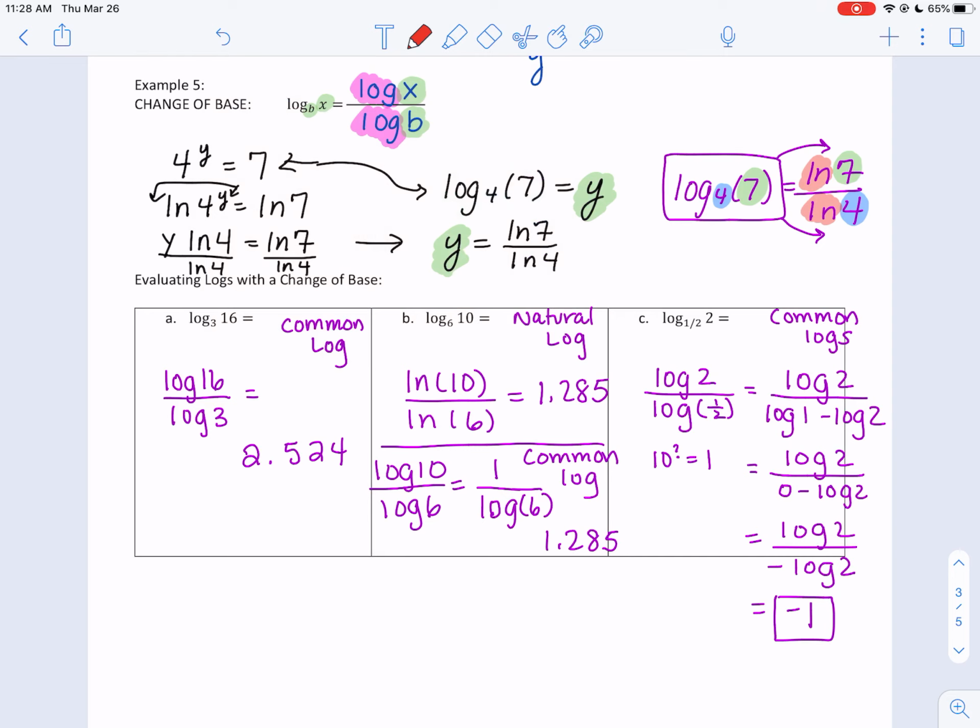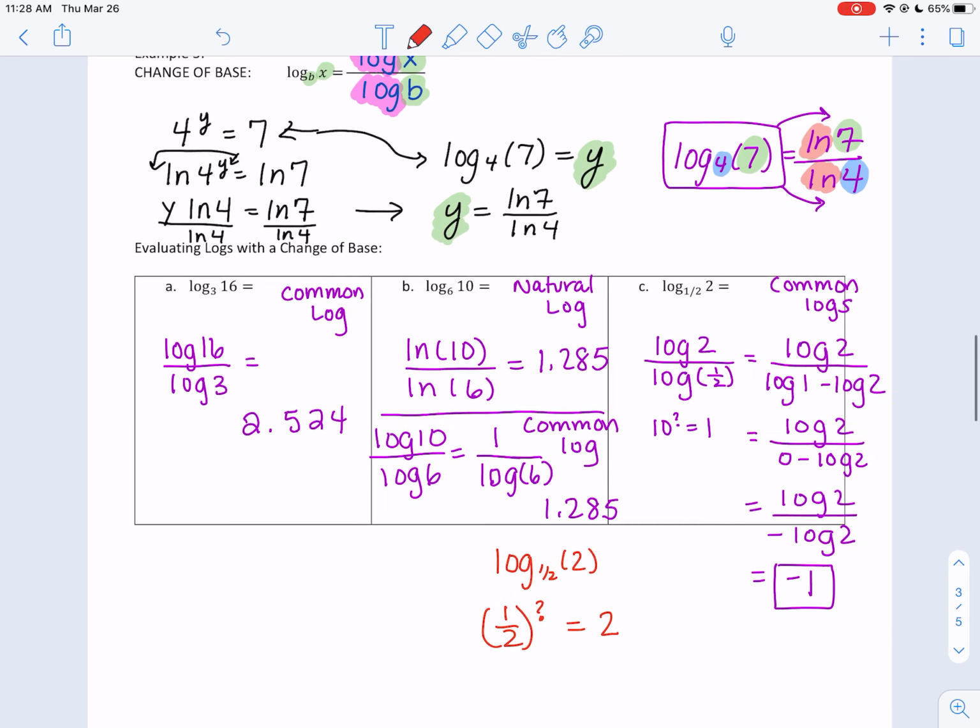And why does that really make sense? Well, if we come back and we think about it, log base 1/2 of 2, recall from the video from the other day, it's really like asking yourself, 1/2 to what power is equal to 2. If you want to bring that 2 back up so that it's not in your denominator anymore, remember that 1/2 is just 2 to the negative first power.